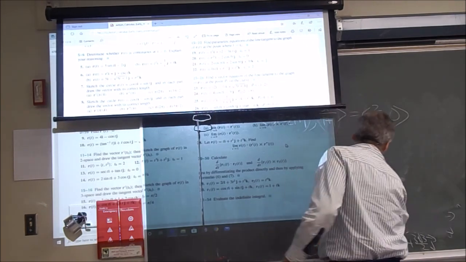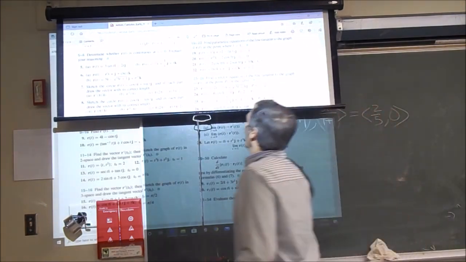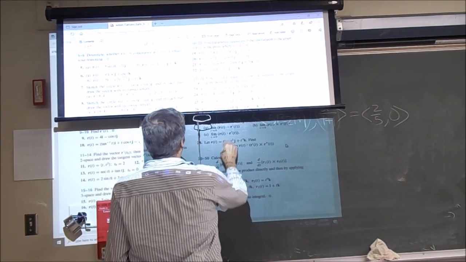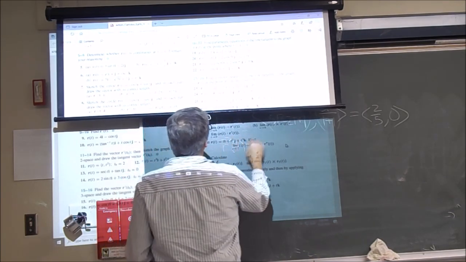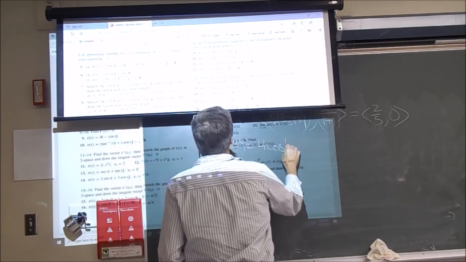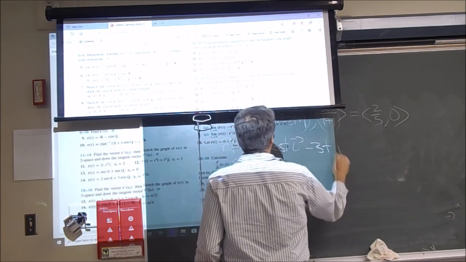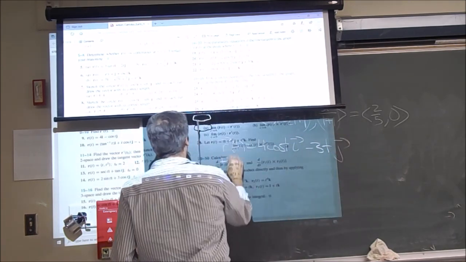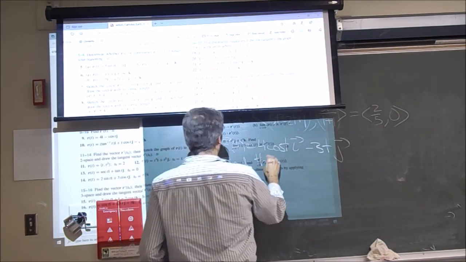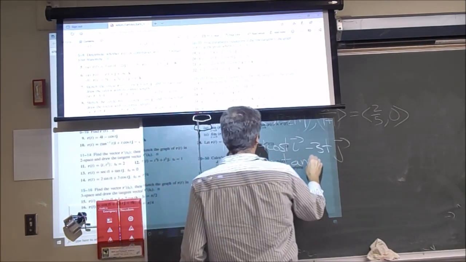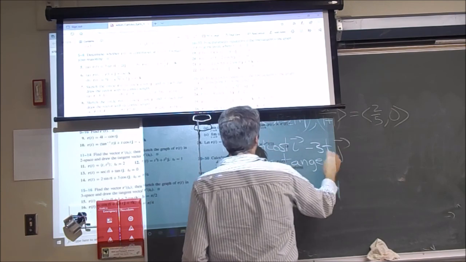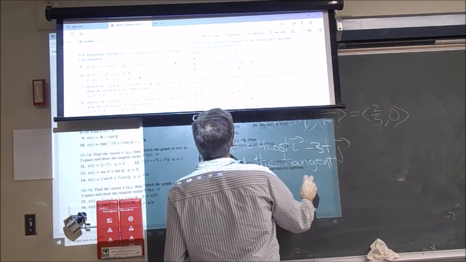But you want to at least have seen those. So here's r of t equals 4 cosine t i minus 3t j. Find the tangent line in the plane to this curve that's swept out parametrically by this vector parametric form.